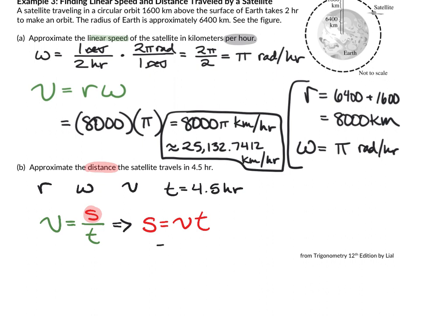Well, we just found the linear speed, and I'm going to use the not rounded version so I can save myself a rounding error, 8,000 pi. We know that the time is 4.5 hours. Good thing we left our speed in kilometers per hour since I was given an hour.